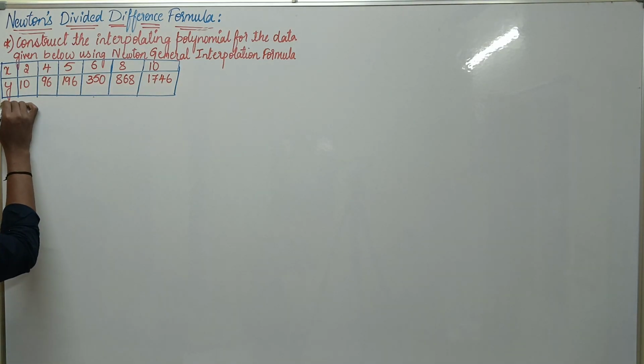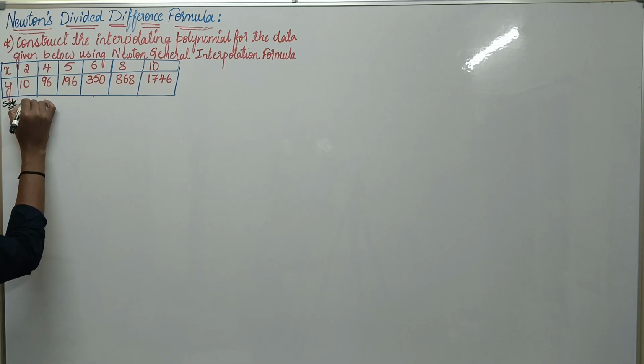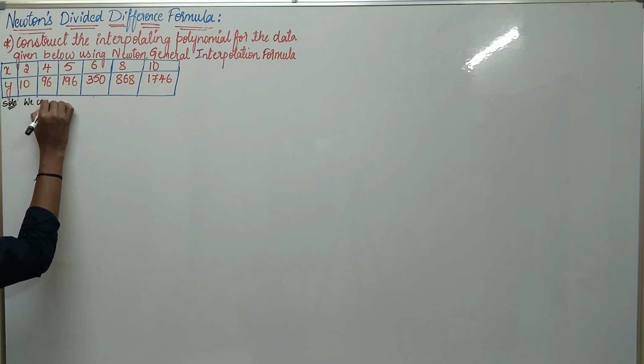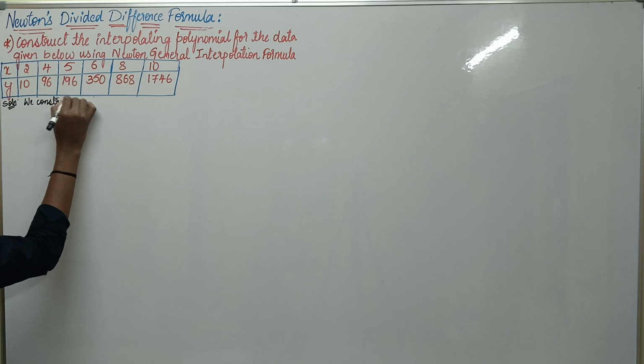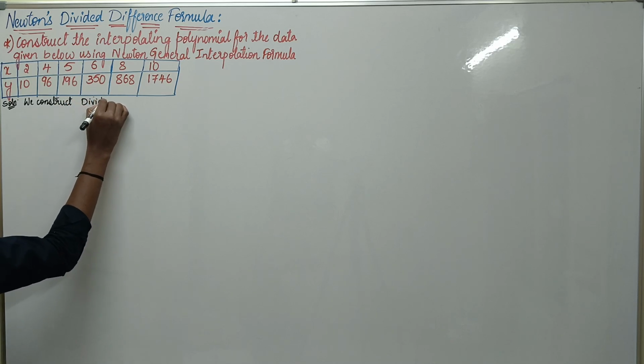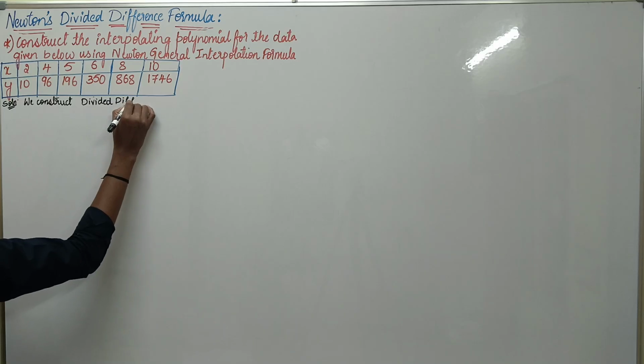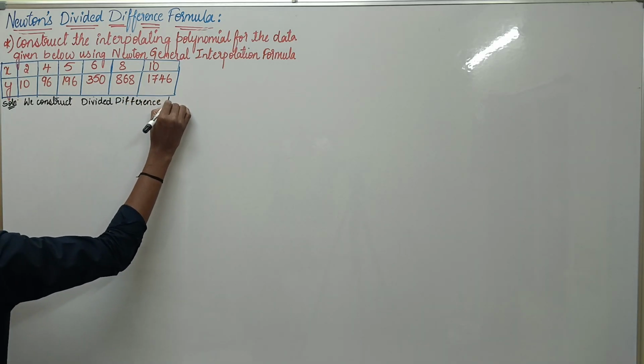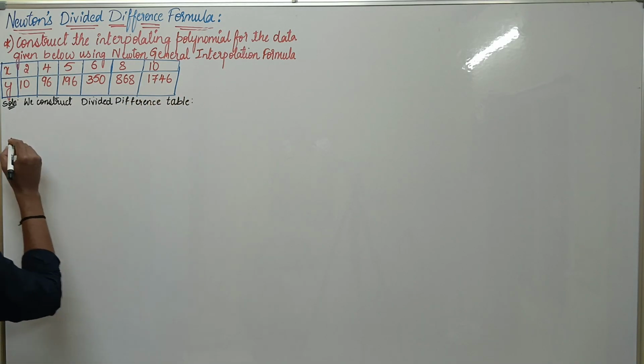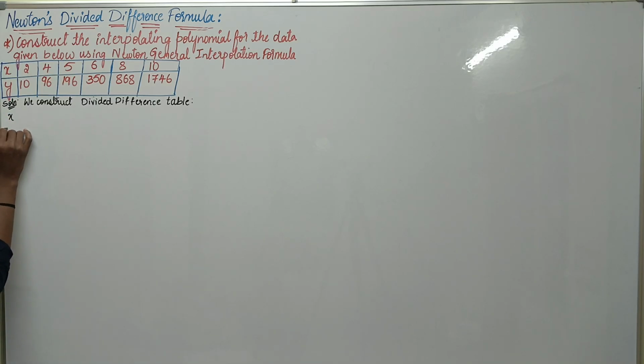First, let us represent the solution. We construct the divided difference table. Here x0 is equal to 2, x1 is equal to 4, x2 is equal to 5, x3 is equal to 6, x4 is equal to 8, x5 is equal to 10.